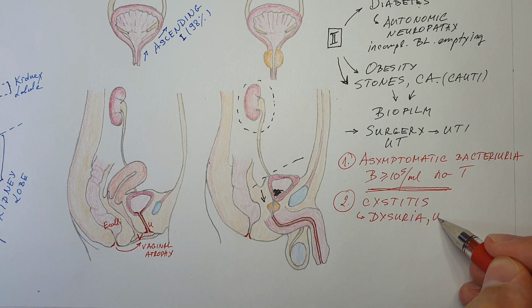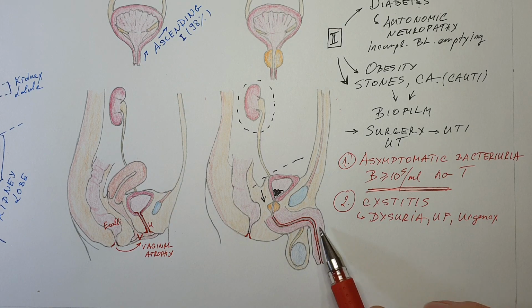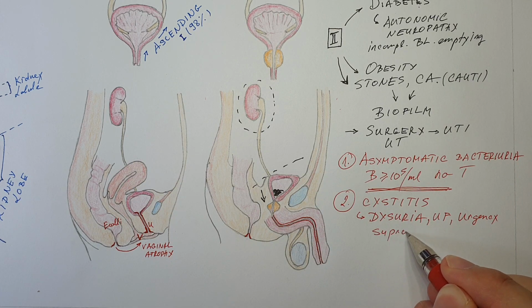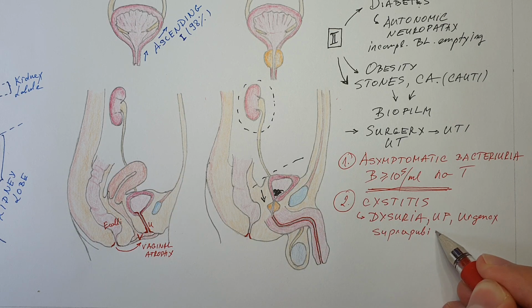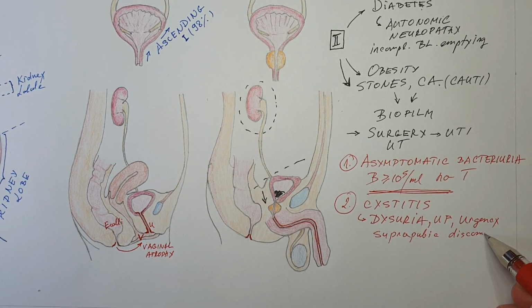Also, urinary frequency and urgency. The patient can also have these two symptoms. If the infection is going from the urethra to the bladder, suprapubic discomfort can also be felt.